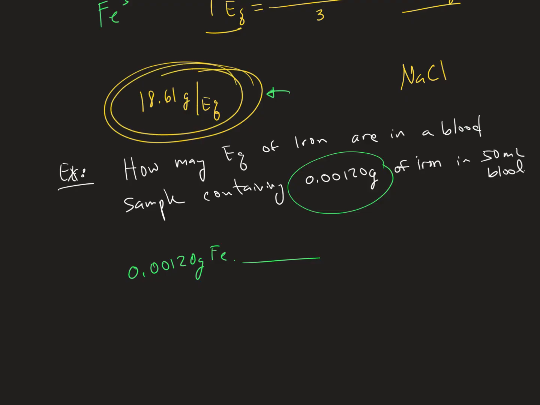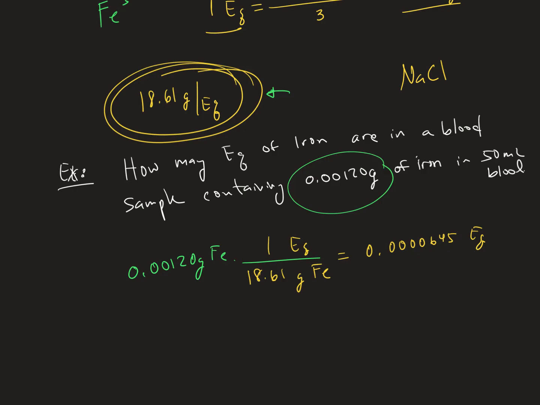Put grams in the bottom, 18.61 grams of iron per 1 equivalent. I do my math and I get 0.0645. No, sorry, 0.0000645 equivalents. Is that very useful? No, it's too tiny.